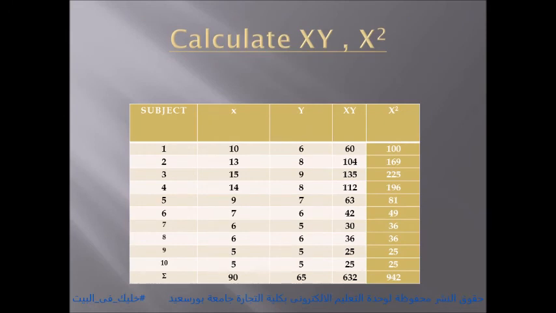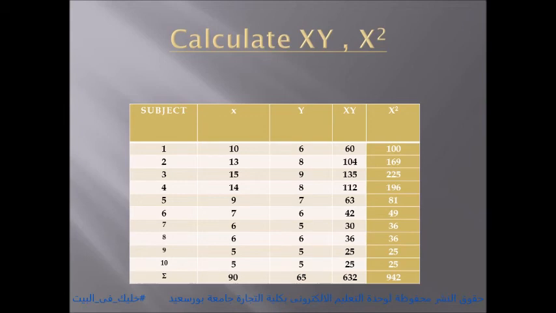Let's start with step number 1, calculate xy and x squared. xy for subject number 1 equals 60, 2, 104, 3, 135, 4, 112, 5, 63, 6, 42, 7, 30, 8, 33, 9, 36, 10, 25. Summation of xy equals 632.